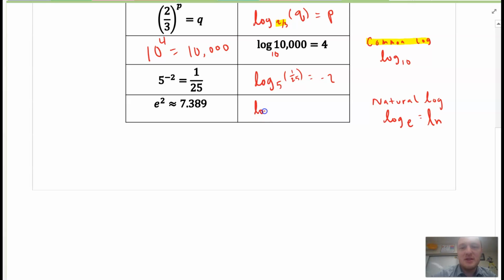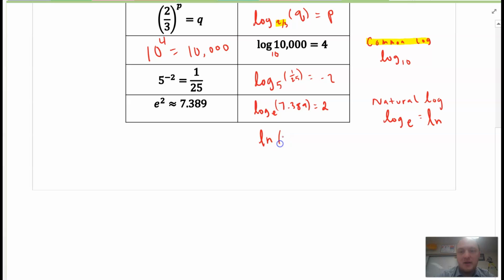So this is log. Okay, base stays the same, e, inputs and outputs switch. So log base e of 7.389 is equal to 2. Now I'm going to rewrite this. We don't write log base e. I don't even want to say you can. What we write is ln.